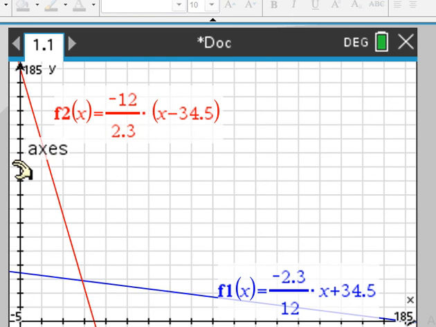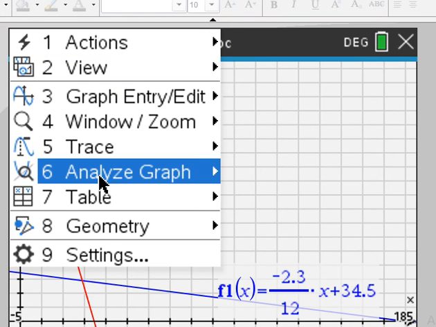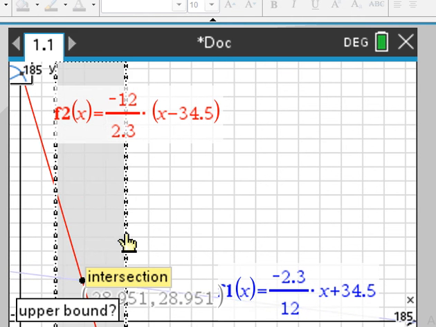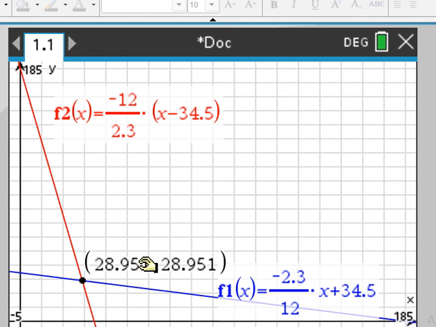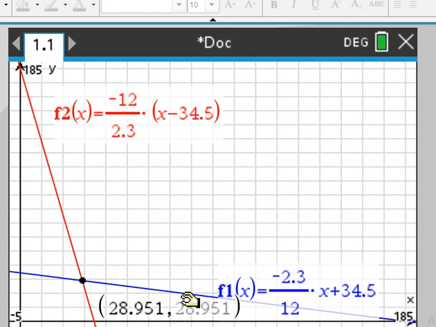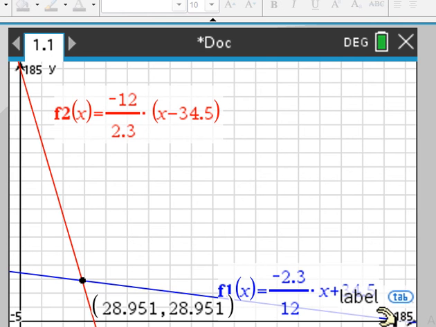Now, one thing that the questions are asking for is, where do these two lines intersect? So if I do menu, analyze graph, intersection, their point of intersection is 28.951. And the one thing that you need to notice from this question is 28.951 is the x value and the y value.